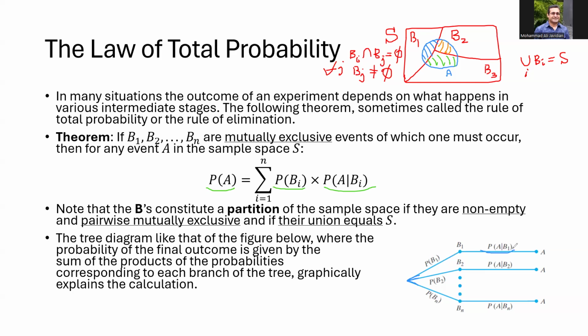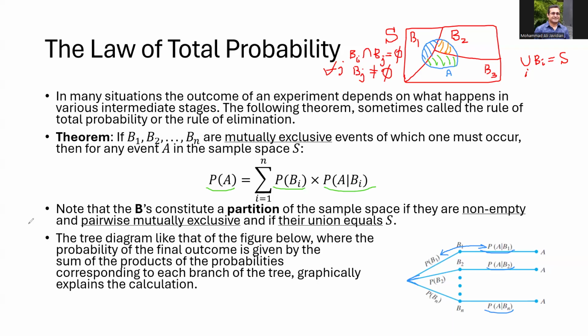For example, P of A given B1, P of A given B2, P of A given Bn, if we have n subspaces. Then you multiply the probability of that subspace by the conditional probability, and then you sum them up. So the total probability of A equals the probability of A given that subspace times the probability of that subspace. This is called the law of total probability.